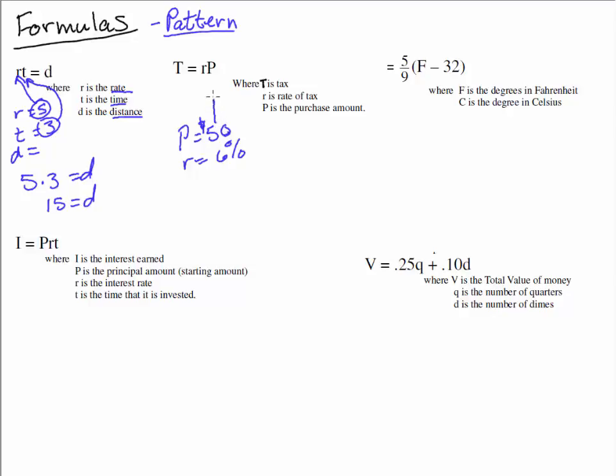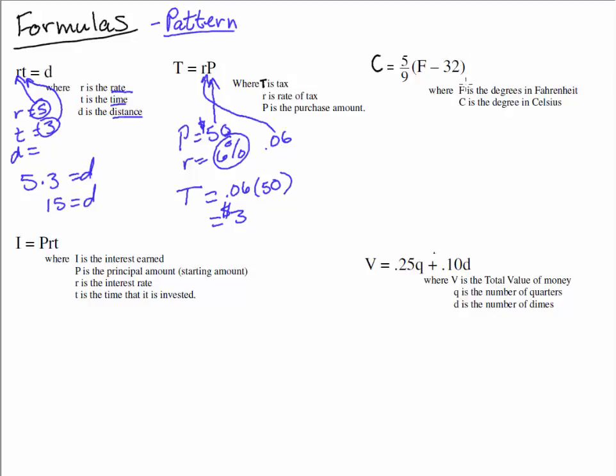We take the $50 and put it right in there, substitution, and this, which is 0.06, goes right up there for that one. So the end tax amount will be 0.06 times 50. And if you do it by hand or on a calculator, you end up with $3. So that's the sales tax amount, which would then be added into the price if necessary.